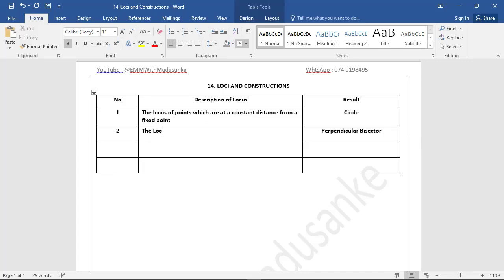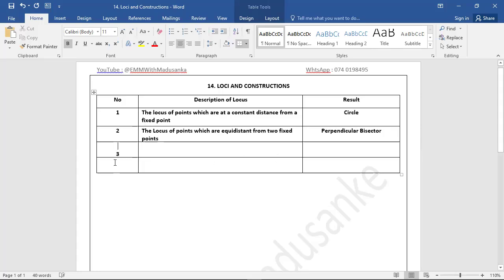The locus of points which are equidistant from two fixed points. First of all, let's write the answer. Then let's go for the things.